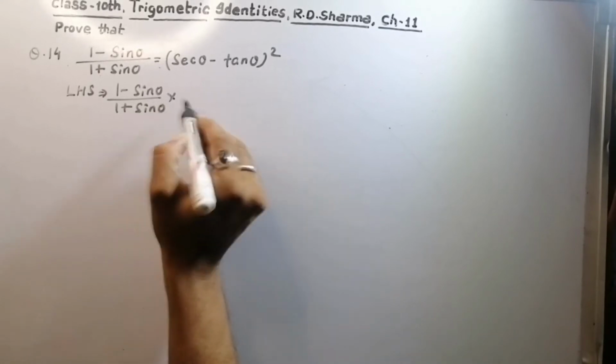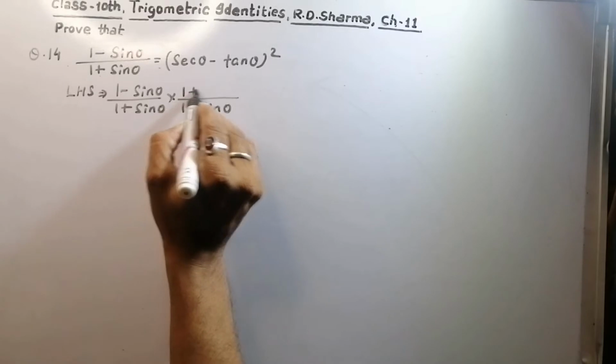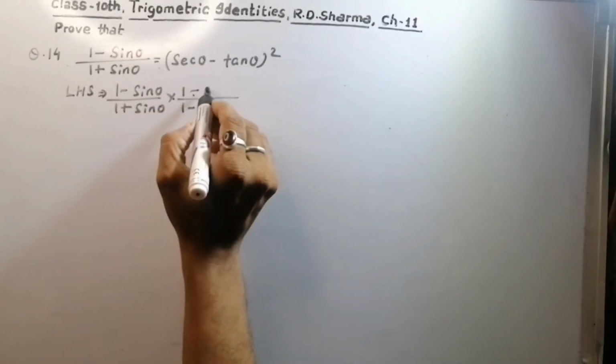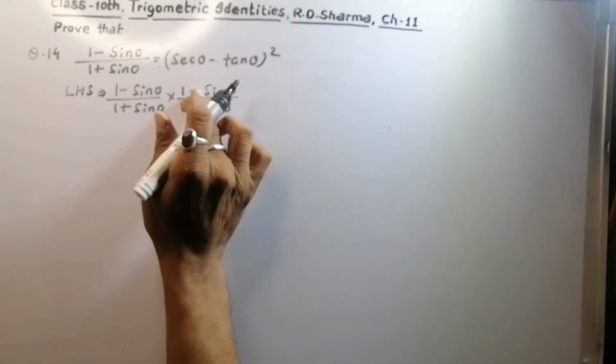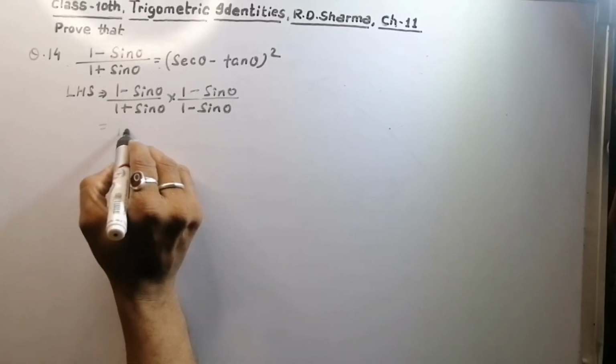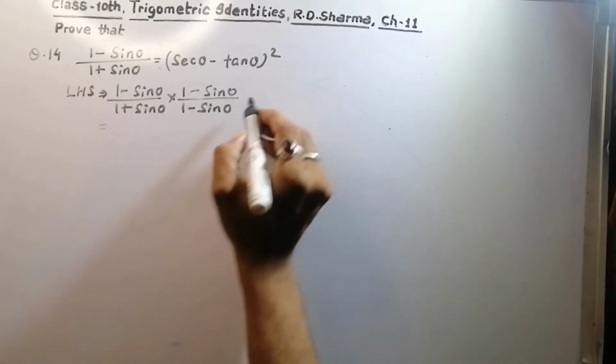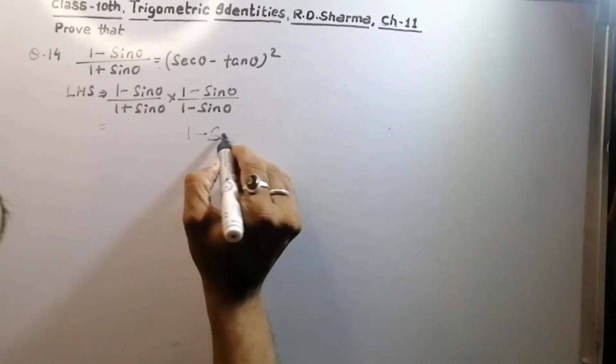Now question number 14. 1 minus sin theta upon 1 plus sin theta is equal to (sec theta minus tan theta) whole square. We can rationalize it by multiplying by the opposite of the denominator, 1 minus sin theta.